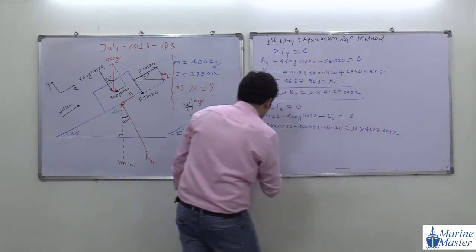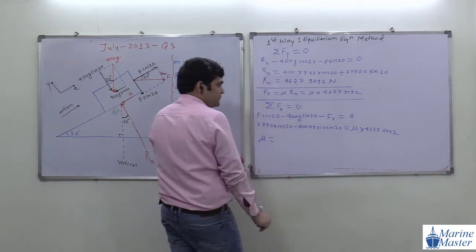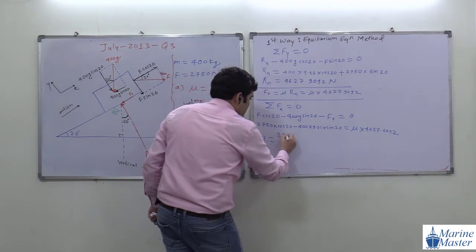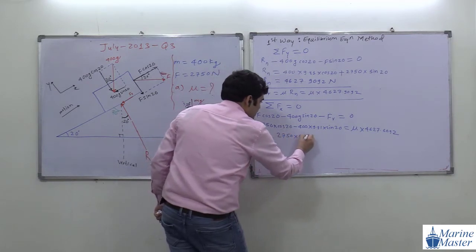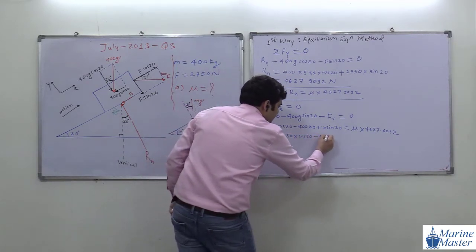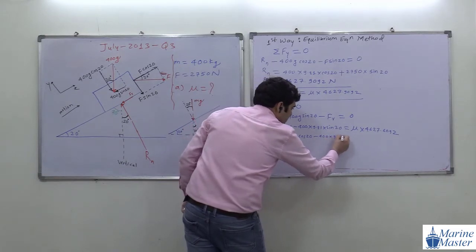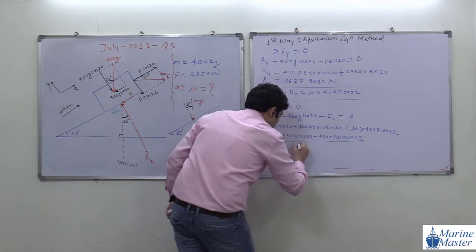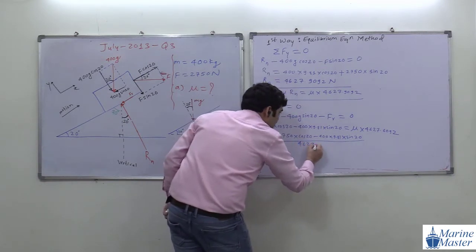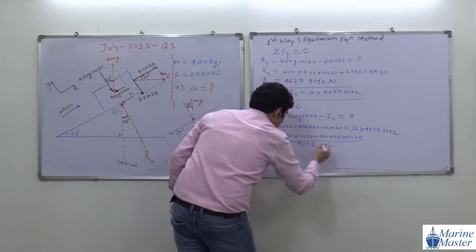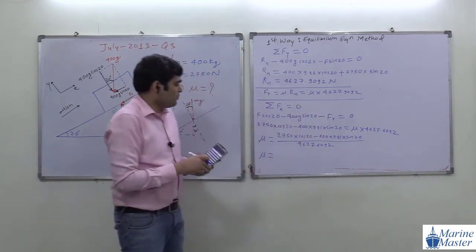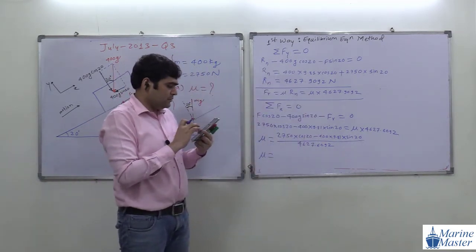4627.6092. So if you do the calculation together, 2750 cos 20 minus 400 into 9.81 into sin 20, divided by what, guys? 4627.6092. So we will get the value of mu. What will be the value of mu, everyone?